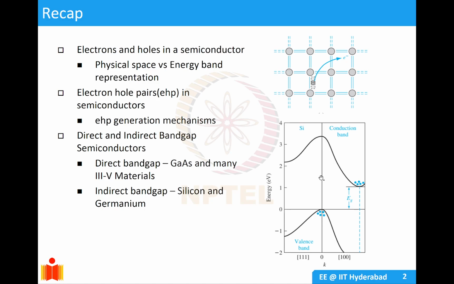When you provide energy, the electrons in the valence band can absorb energy and rise to the conduction band, leaving behind a space that is called a hole. This process is called electron hole pair generation, which we studied in the last class.